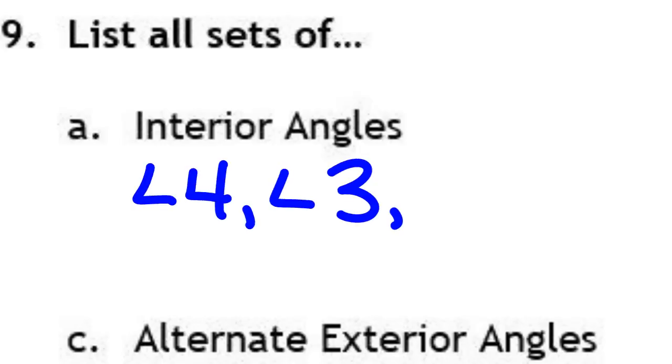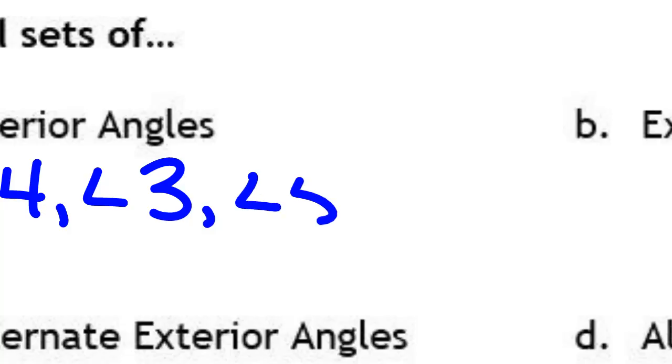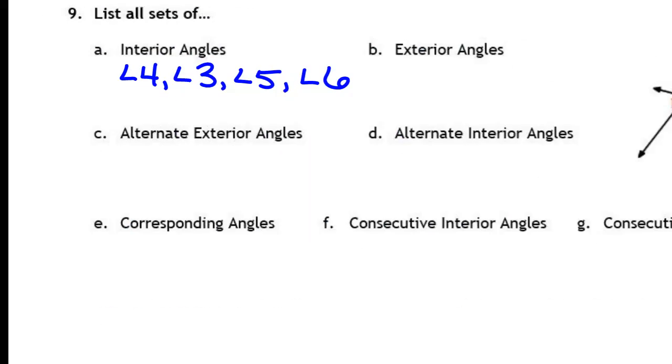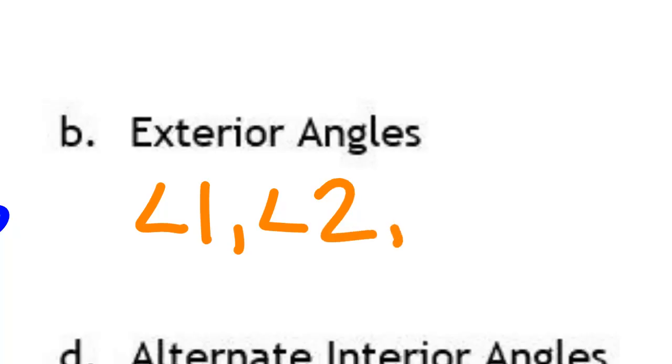Four and 3, and then what were the other 2? 5 and 6. Beautiful. What about the exterior angles? Which angles are exterior? 1 and 2. And which were the other ones? 7 and 8.